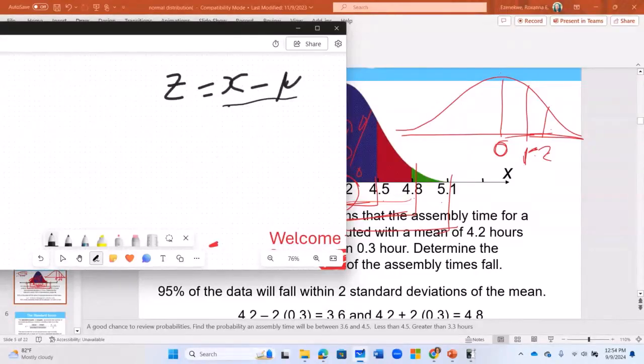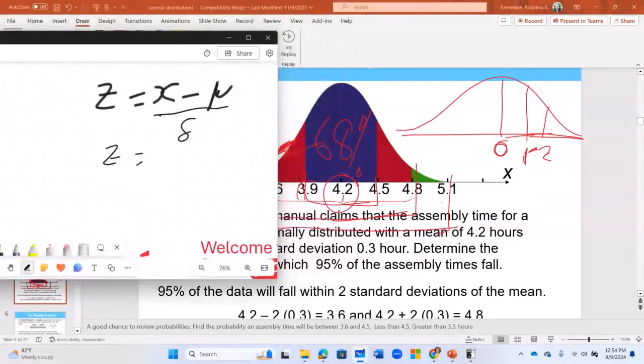And standard deviation is, okay, so I'm going to put a number. By the way, what number am I putting in? I'm going to move this a little bit so you see the number. One standard deviation below the mean is 4.2 minus 0.3. So I have value 3.9 minus mean 4.2 divided by 0.3.